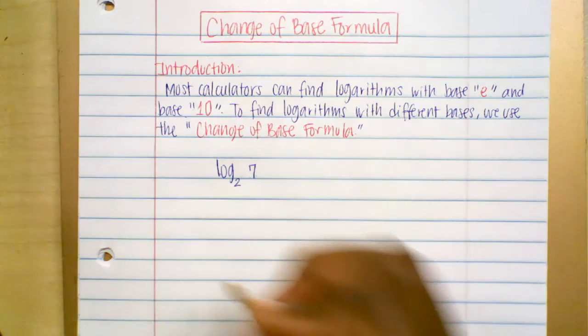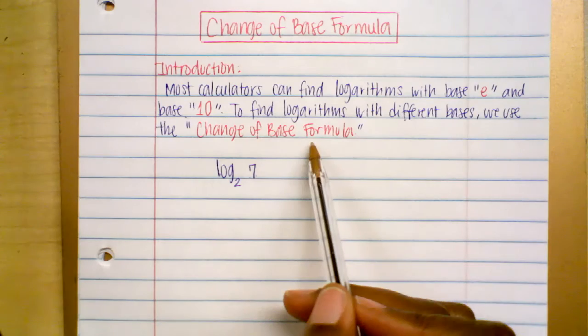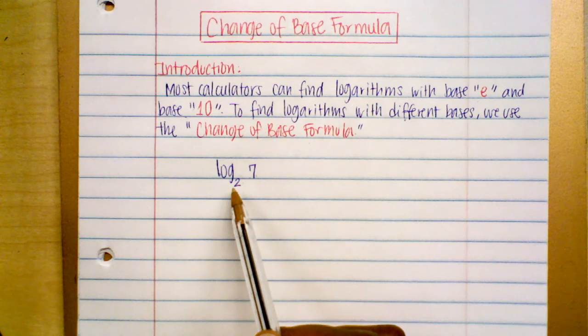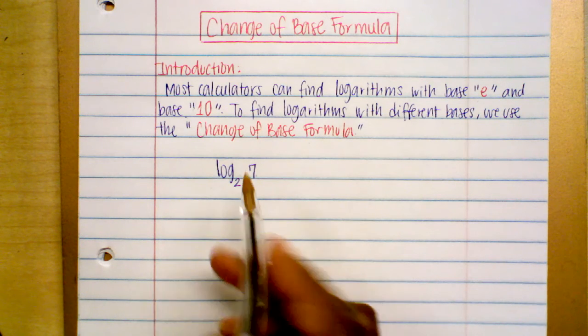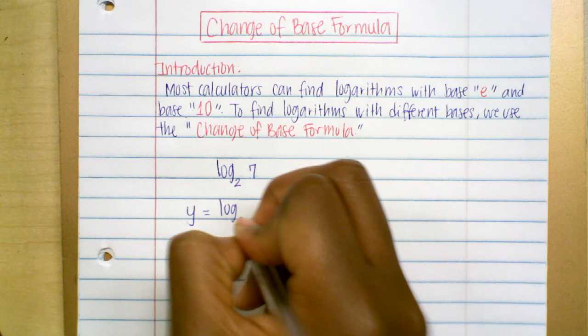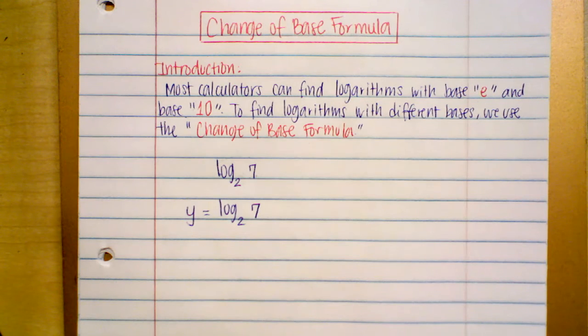Let me show you algebraically how we derive the change of base formula. I'm starting with this example. First, I'm going to make y equal to log base 2 of 7. After that, I'm going to rewrite this log in exponential form.